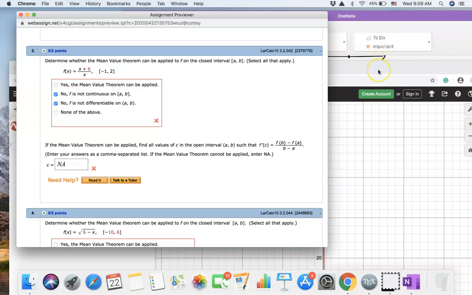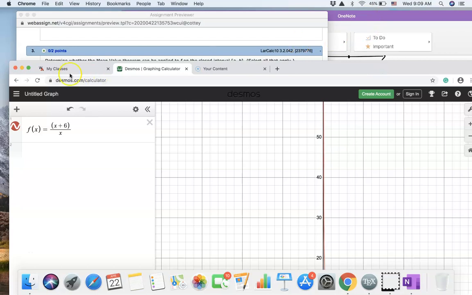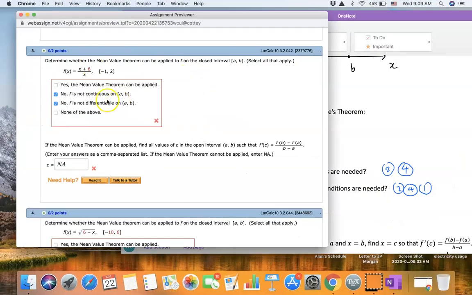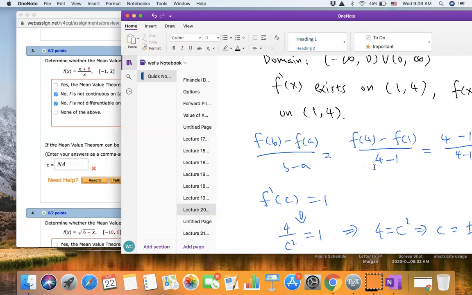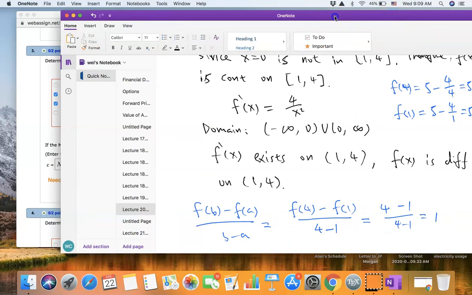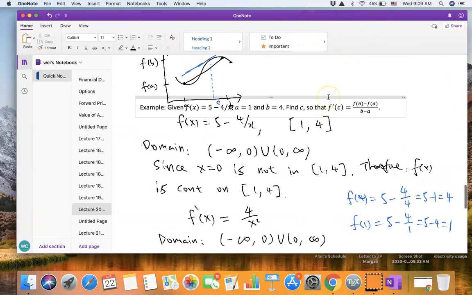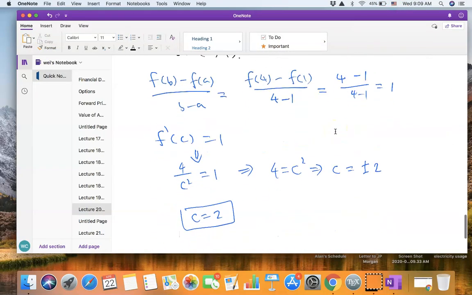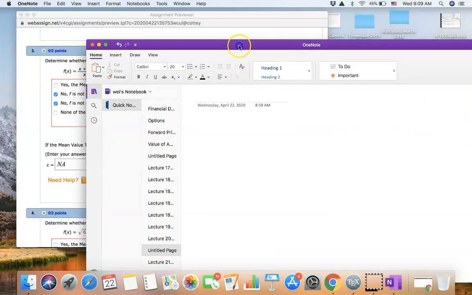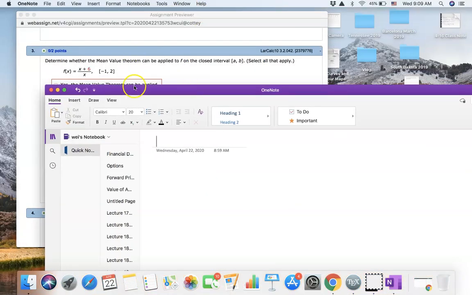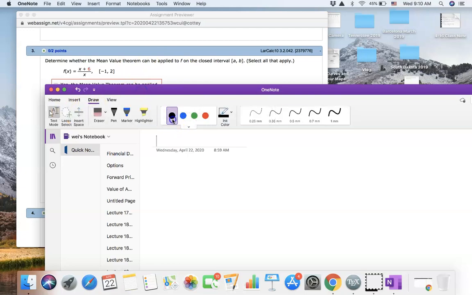Now, what if we don't know the graph? If we don't know the graph, the second way to determine this is to use the method I showed in my previous video. We consider what is the domain of the function, and what is the domain of the derivative function. Let me do it here.